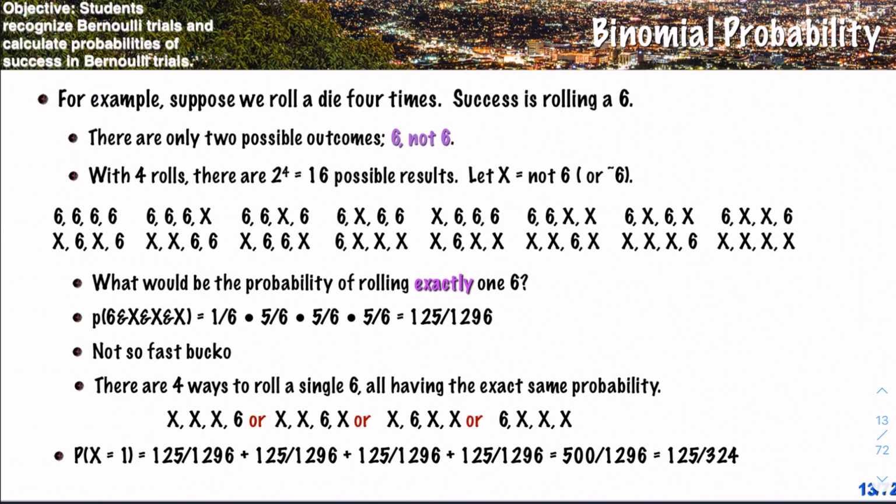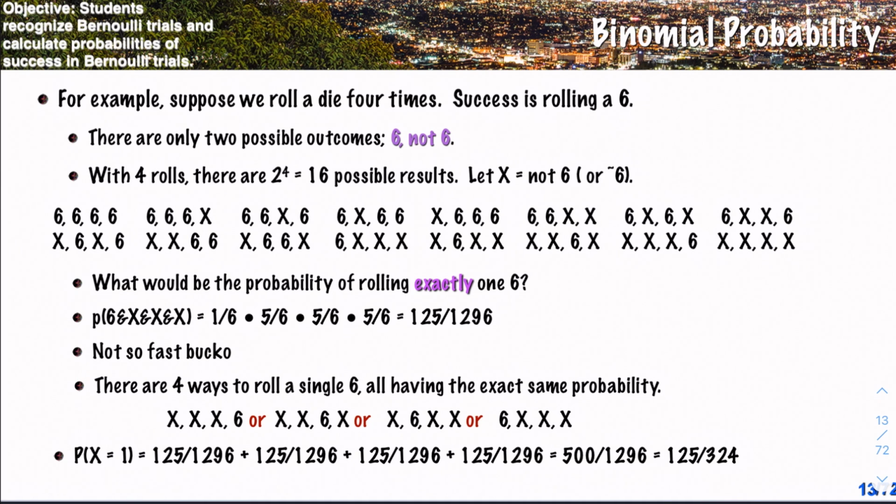For example, suppose we roll a die 4 times. Success, we're going to classify as rolling a 6. There are only 2 possible outcomes. Would you all agree that if you roll a die, you either get a 6 or you don't get a 6? So with 4 rolls, there are 16 possible results. And you can get 4 6s, or 3 6s, or 2 6s, or 1 6.